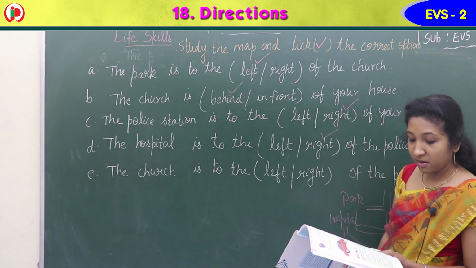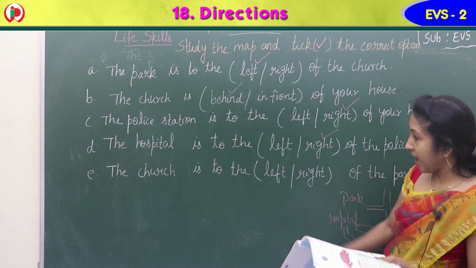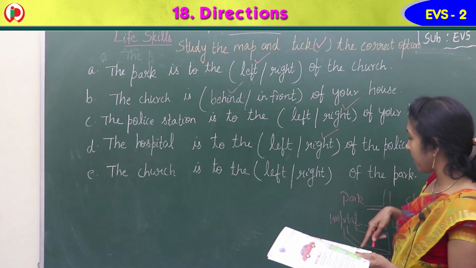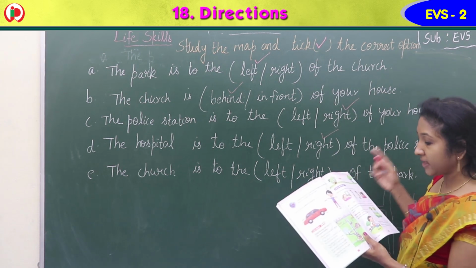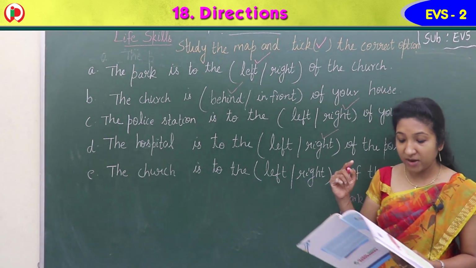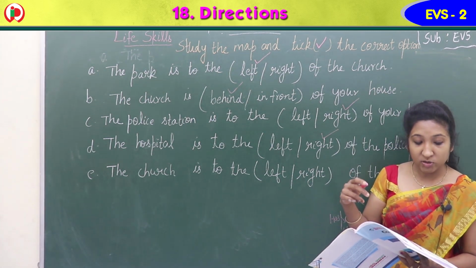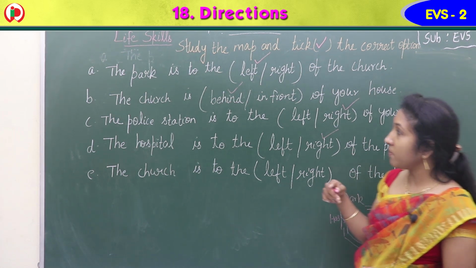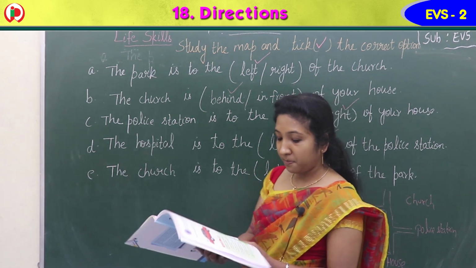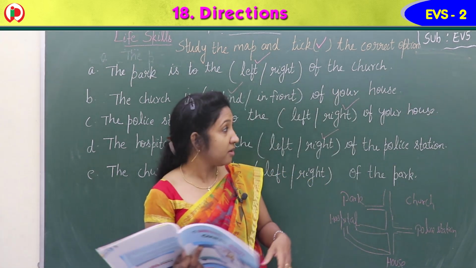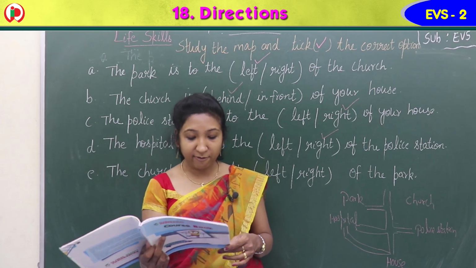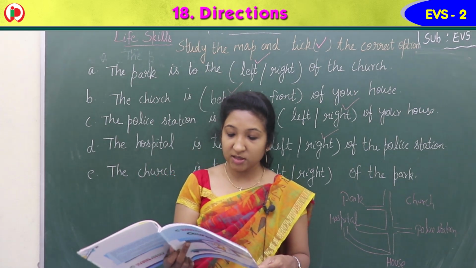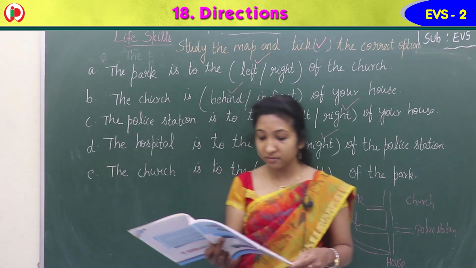Then the church is to the dash, left or right, of the park. You can see the park and the church. Imagine that you are in the park. Then from the park, where is the church? Which side, left or right?